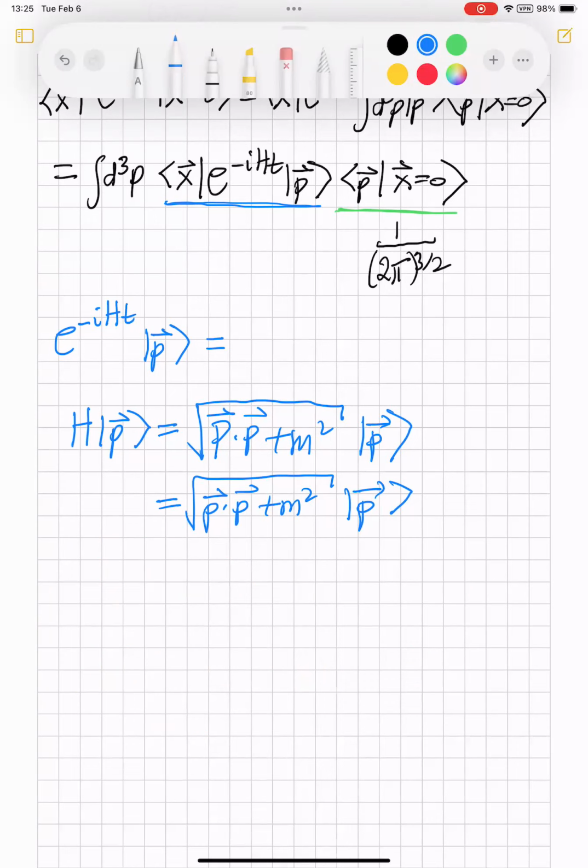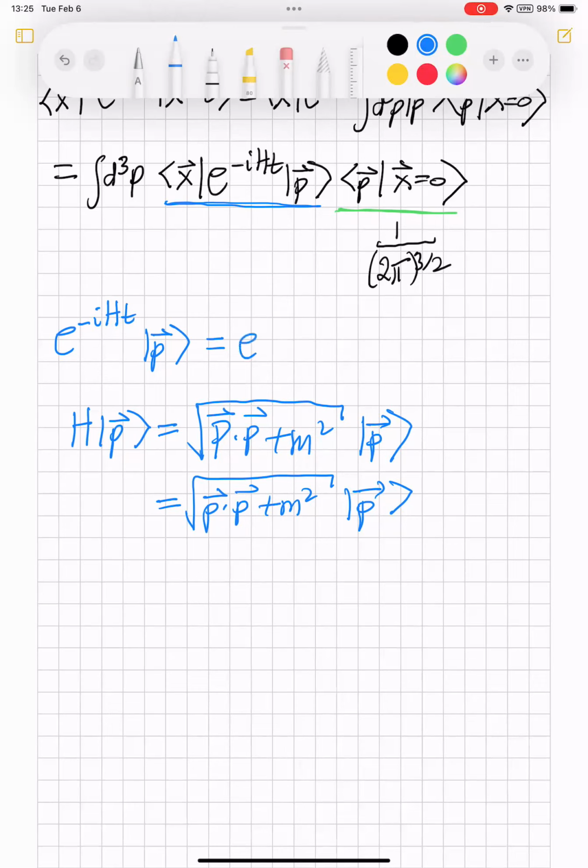So we've got e to the minus iht acting on p, and it turns out that p is an eigenket of energy, and we can see its eigenvalue is just the square root of p dot p plus m squared. So what should I do? Take the function of the operator and plug the eigenvalue in for the operator.